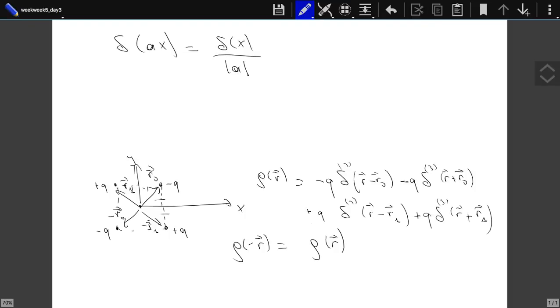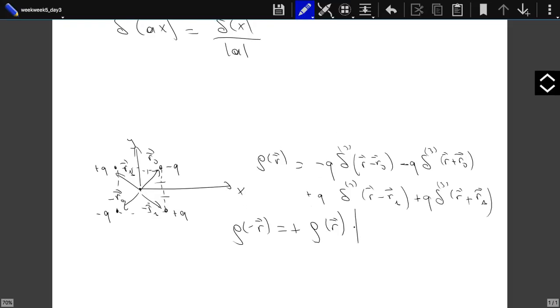So what can you say about rho of minus r? Rho of minus r is equal to rho of r. So the charge density has this property. Now we will be using this property of the charge density to show that some of the multipole moments should vanish for odd L.